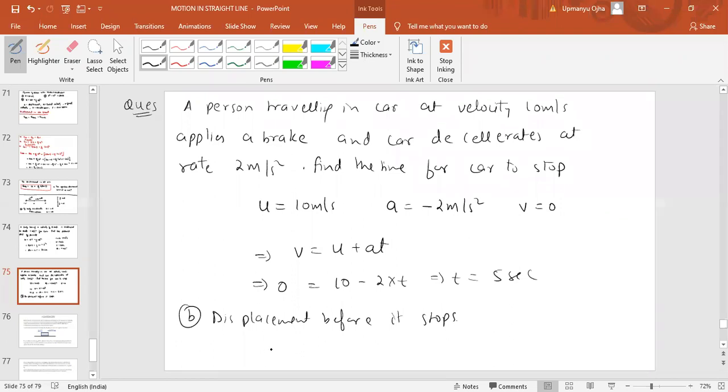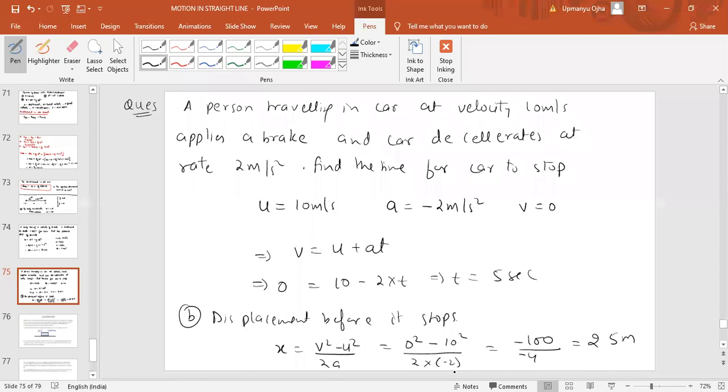So I am using that third equation, s equal to v square minus u square by 2a. Final velocity 0 square, initial velocity is minus 10 square, by 2 into acceleration, that is minus 2. So we are getting minus 100 by minus 4, which is 25 meter. So after 25 meter, the car will get stopped. The answer is 25 meter.